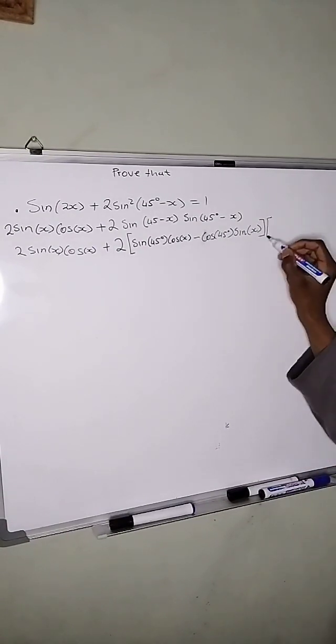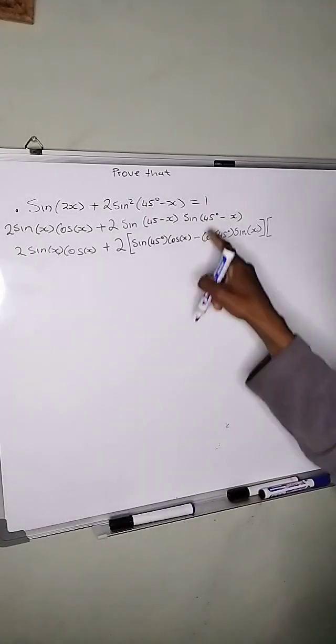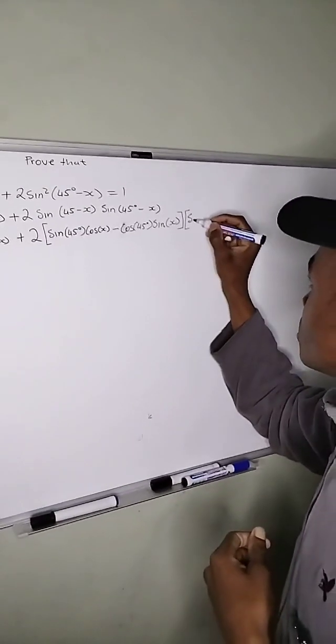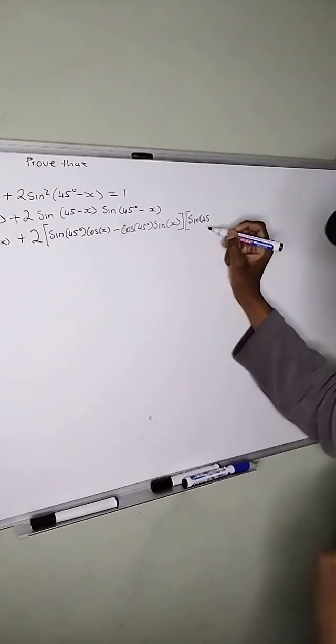And I'm going to multiply this 2 on the line. Obviously, I'm going to extend this 2. What am I going to have? I'm going to have the same thing. Sine 45, ne?